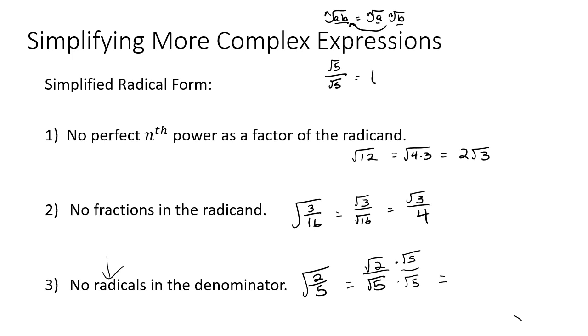So square root of 2 times square root of 5 is actually square root of 10. And that doesn't have any perfect squares in it. 10 is just 5 times 2. So there's nothing we can pull out of that. And now the denominator would be square root of 5 squared.